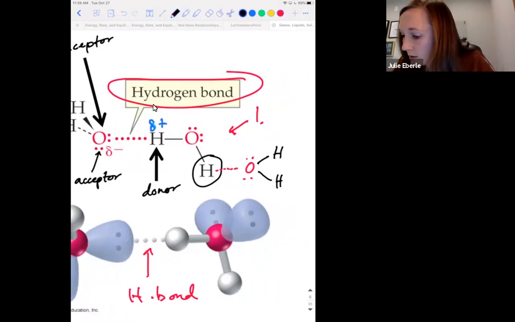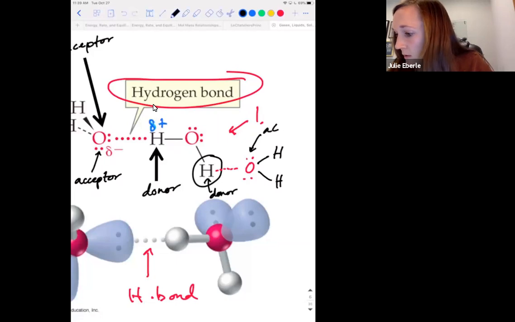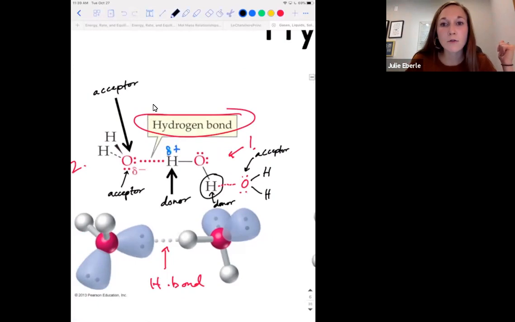And we could label this. This could now be our donor. And these lone pairs on the oxygen are, guess what, acceptors. So on and so forth. So that's an example with water molecules.